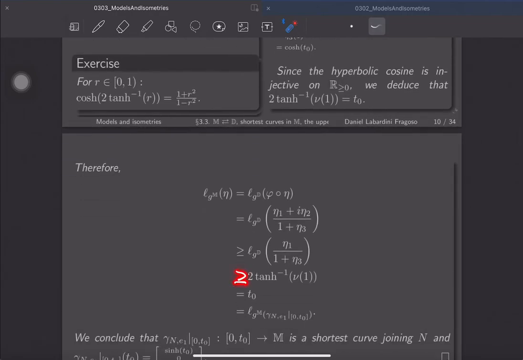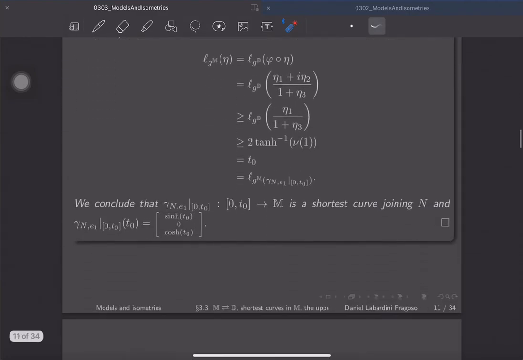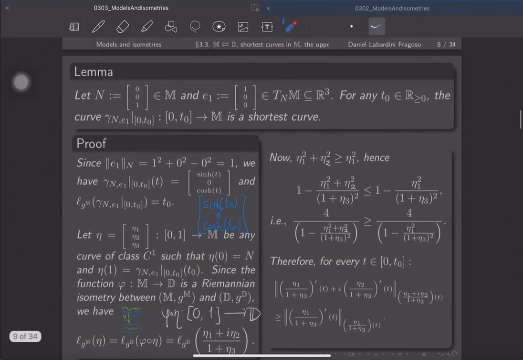Okay, but this number, as we said, has to be equal to T naught, because they are non-negative real numbers that give me the same value of hyperbolic cosine. Okay, it's T naught, but T naught, fortunately, was precisely the length of the curve I was interested in.